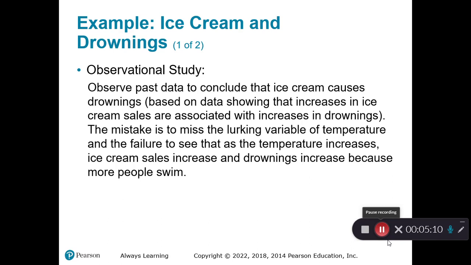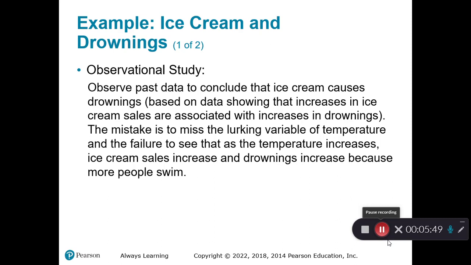What we have here is something working in the background that is a lurking variable. Basically, people tend to consume more ice cream in the hotter times of the year, when the temperature is higher. And it is also when people go swimming more, when the temperatures are higher and the water is a little bit more comfortable. So ice cream consumption or ice cream sales and the number of drownings are related, but it's not a cause and effect relationship.